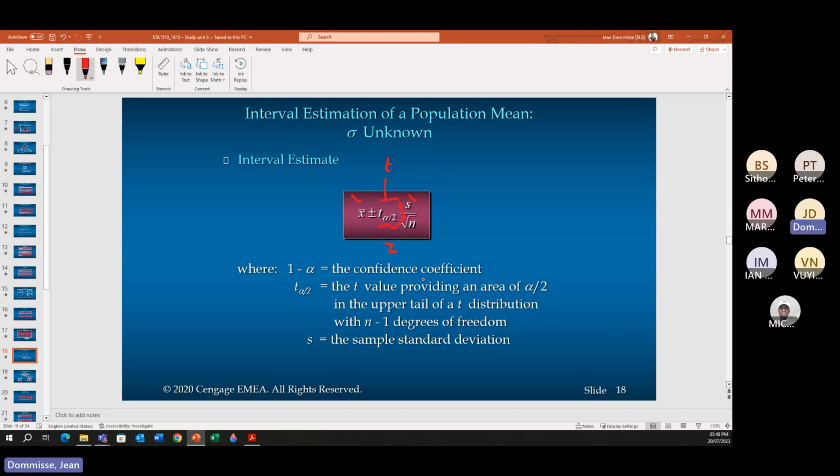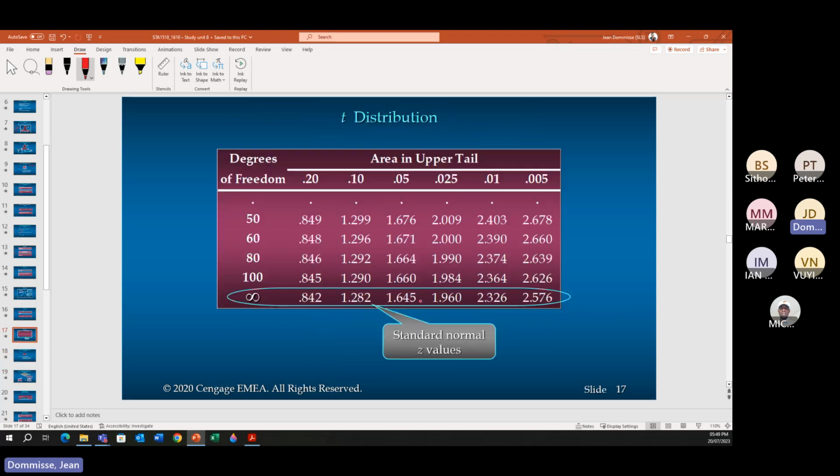And as you prepare for the next assignment, you will also see that if you use the T or you use the Z, some of the answers are very close to one another. That can also happen if you have a big N, and this is nearly what I wanted to show you here.